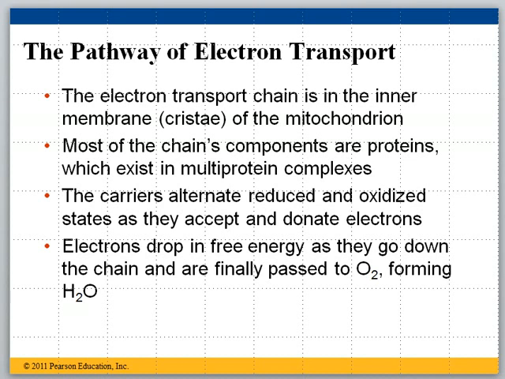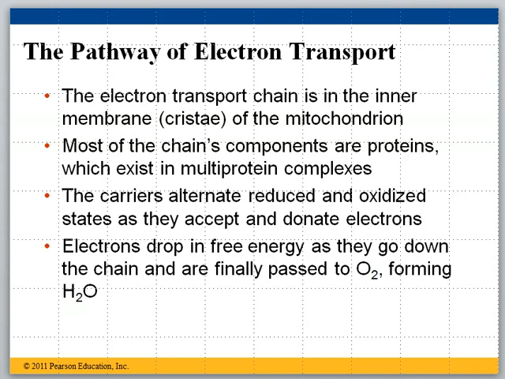This last step, this oxidative phosphorylation and this electron transport chain, happens, again, we're still in the mitochondria. This happens in the inner membrane called the cristae of the mitochondria. And most of the carriers of this whole process are proteins, and they exist in what's called multi-protein complexes.